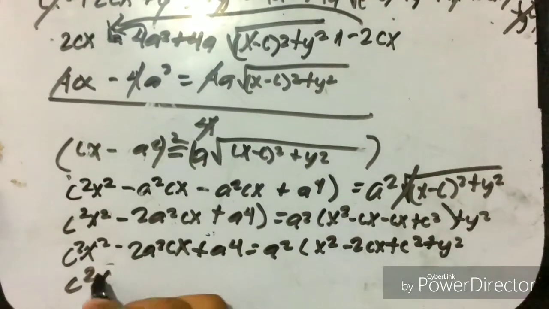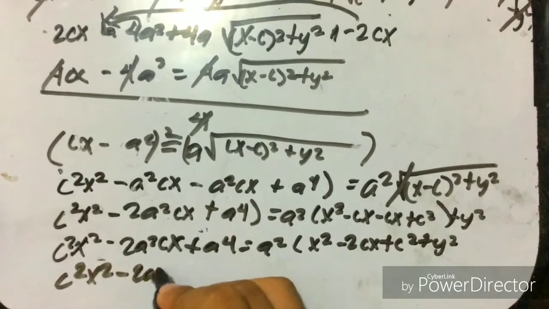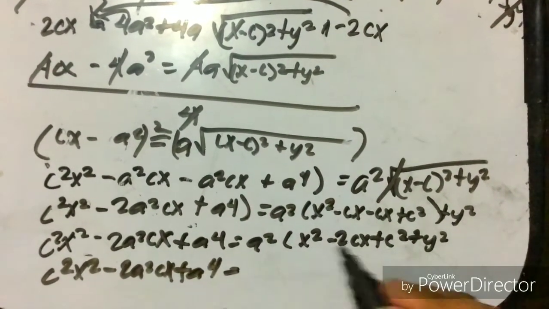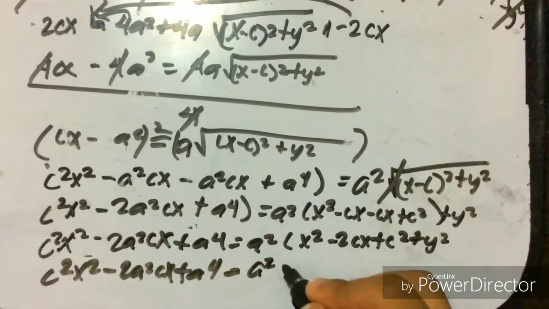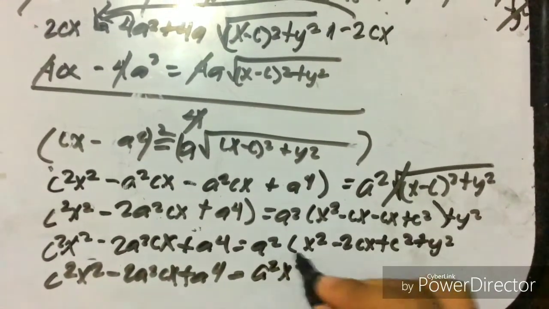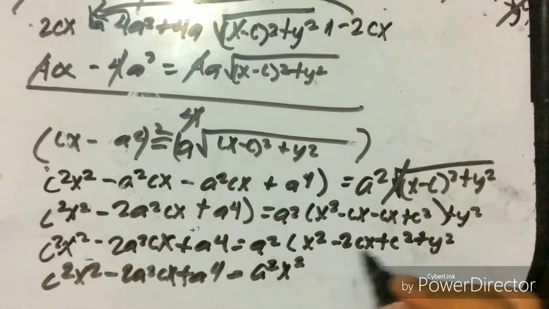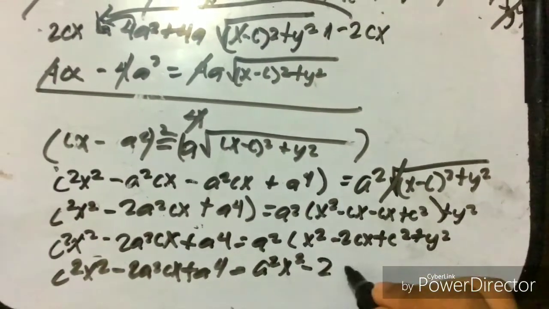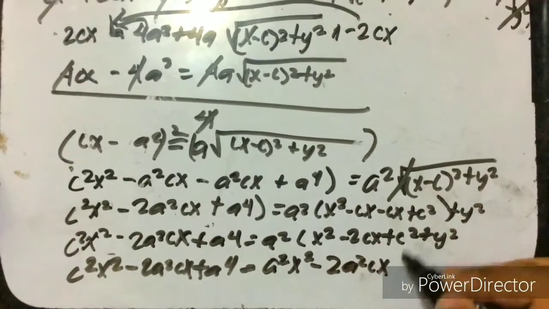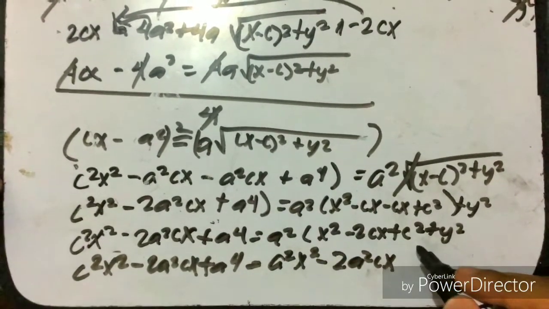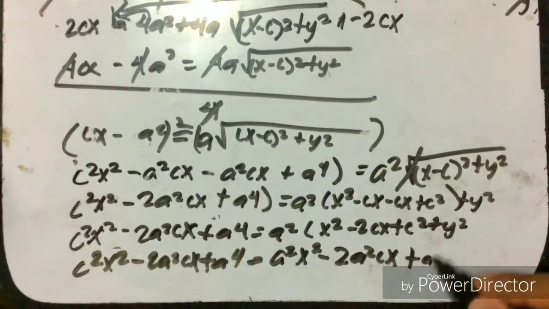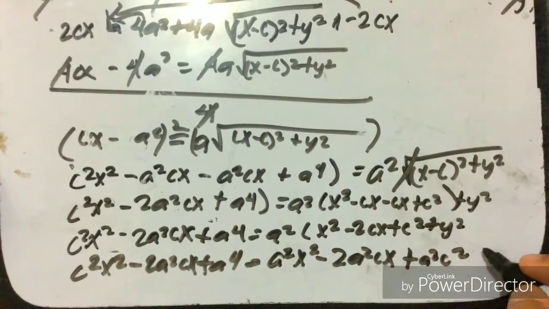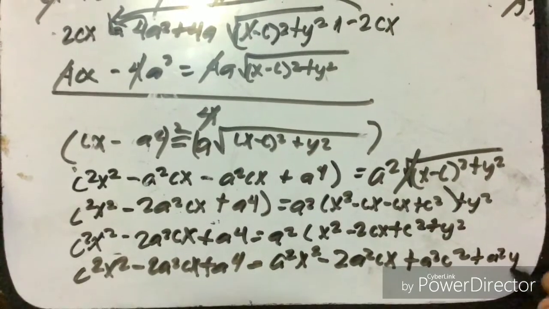So a squared times x squared is a squared x squared, and a squared times negative 2cx is negative 2a squared cx, and a squared times c squared is a squared c squared, and a squared times y squared is a squared y squared.